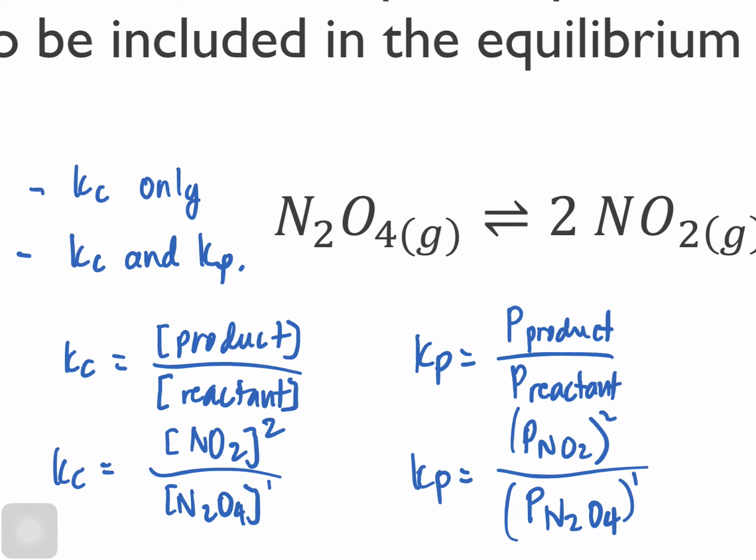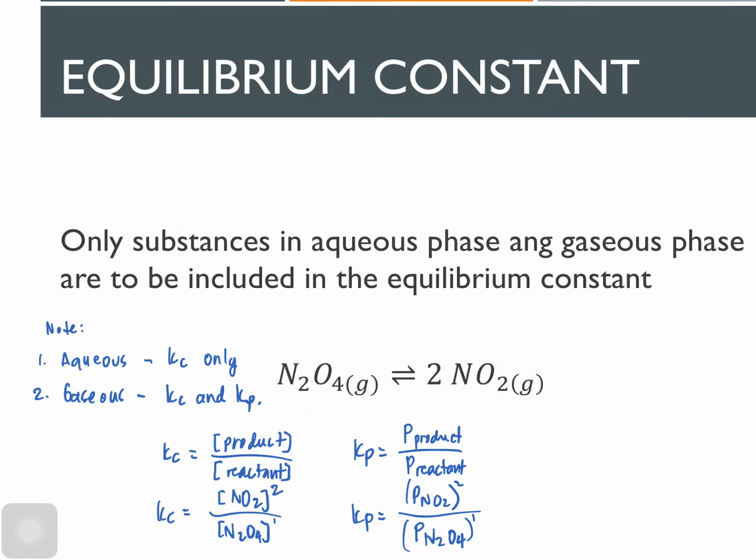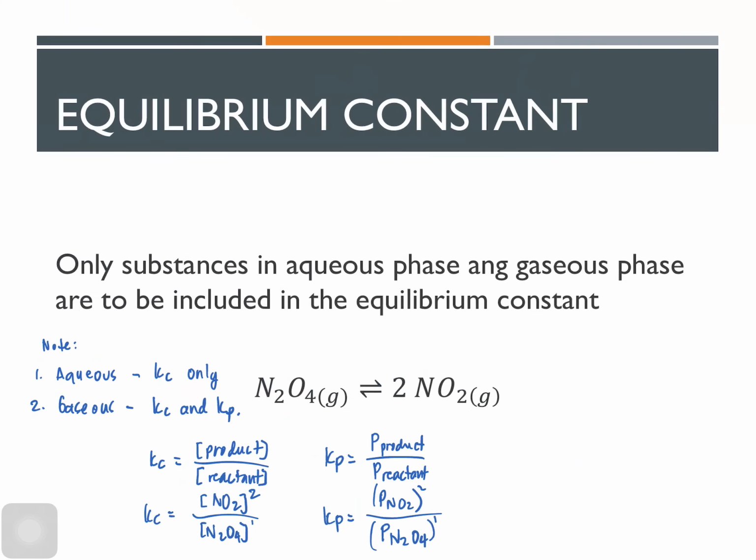I place the 1 there just to show you that the coefficients are written as exponents in the expression, but you may not do this anyway. Anything raised to 1 is just the number itself. That's how we write equilibrium constants for gases.